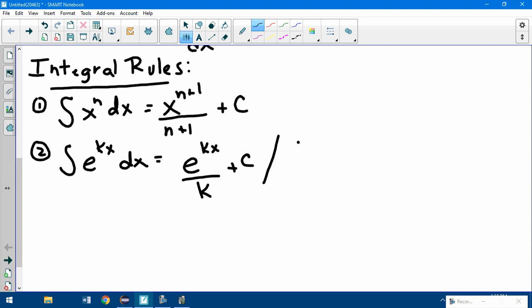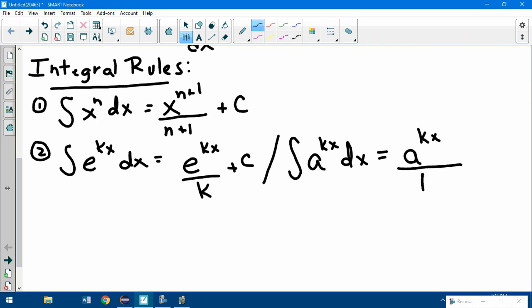Similar idea when you see the integral of a to the kx dx. So this would be like 2 to the 5x or 7 to the 8x. It's similar to the e to the x integral in that you still have a to the kx. But when you're taking the derivative of these, when it's not e, you multiply by ln of a.